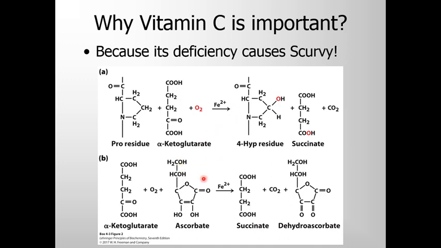So to prevent this, ascorbate gets involved in the reaction of converting alpha-ketoglutarate to succinate and gets converted to dehydroascorbate, thereby preventing Fe2+ from getting converted to Fe3+. So it essentially acts as a suicide substrate for the enzyme prolyl hydroxylase.